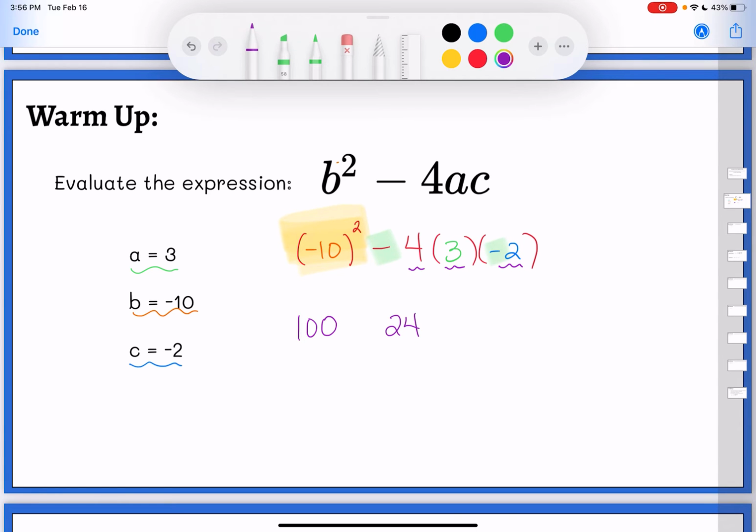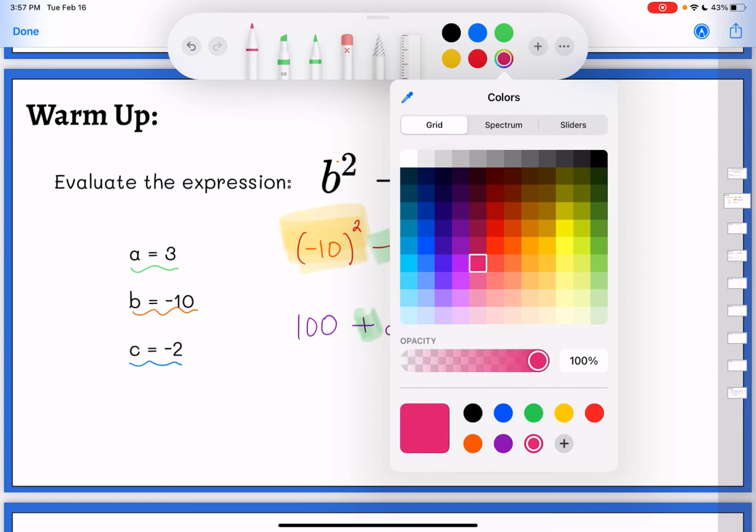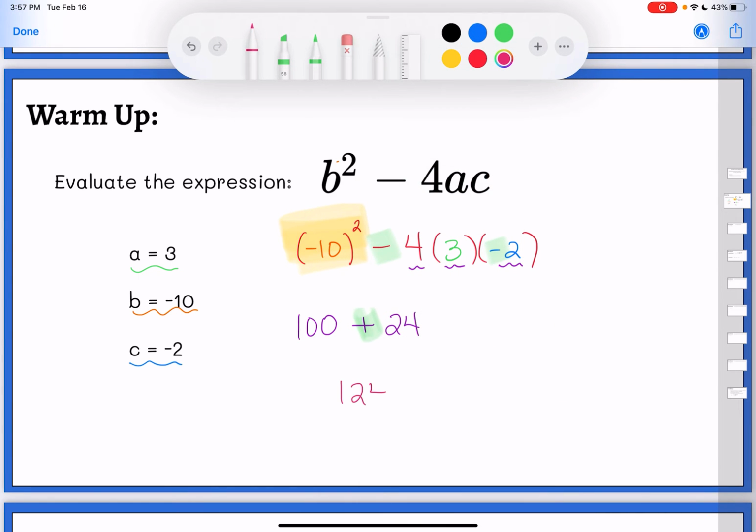I have two negatives there. Two negatives make a positive. Negative 4 times 3 is negative 12 times negative 2 is positive 24. So it needs to be 100 plus 24. Be careful, okay? And then I get 100 plus 24, which gives me 124. Hopefully you got that correct value.